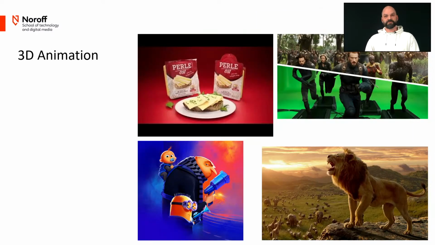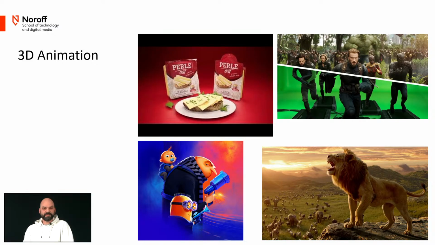Next up we have 3D animation. As the images imply, we're looking at everything from fully animated movies like The Lion King through commercials as well. 3D is a field that is used in almost all areas of the commercial field.